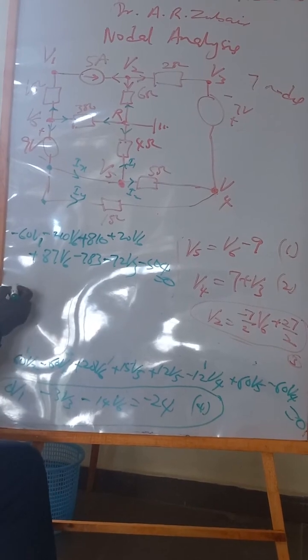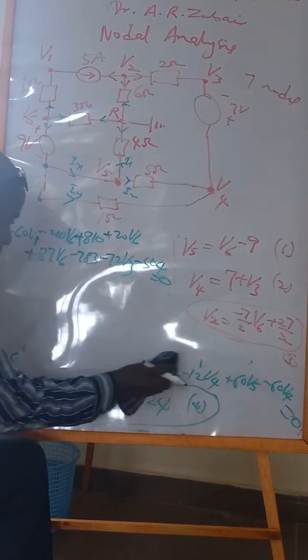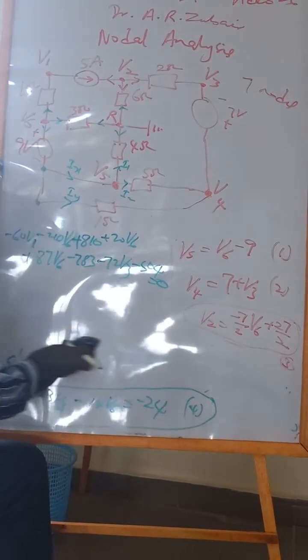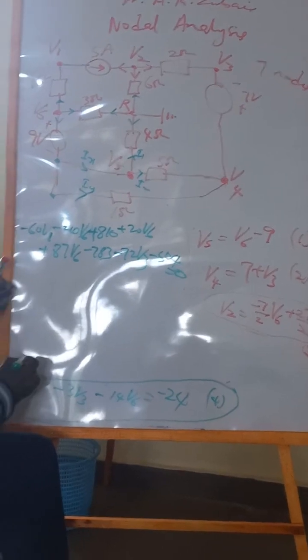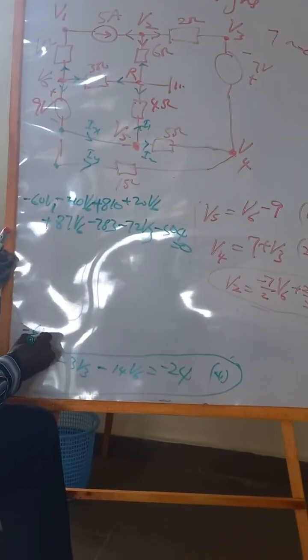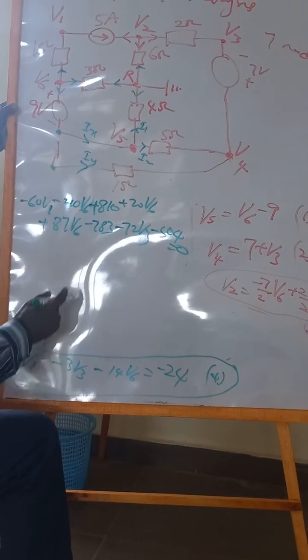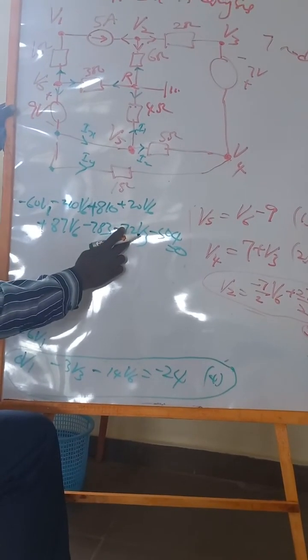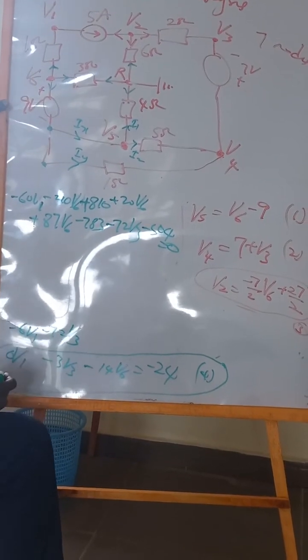For V1, I have minus 60 V1. For V3, what do I have? I have minus 72 V3, right?